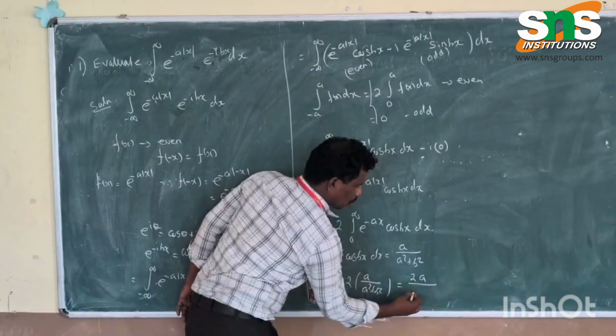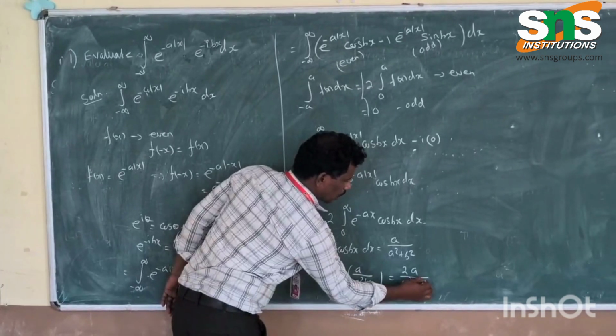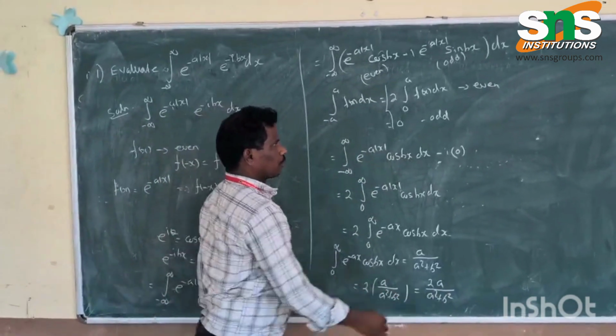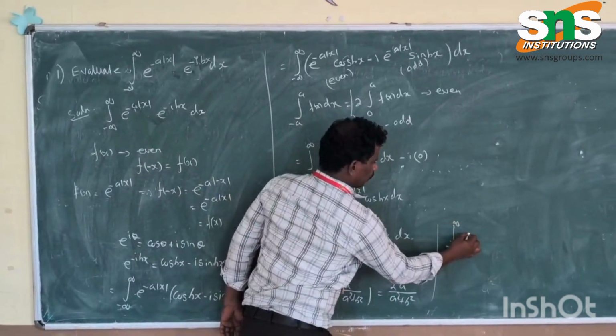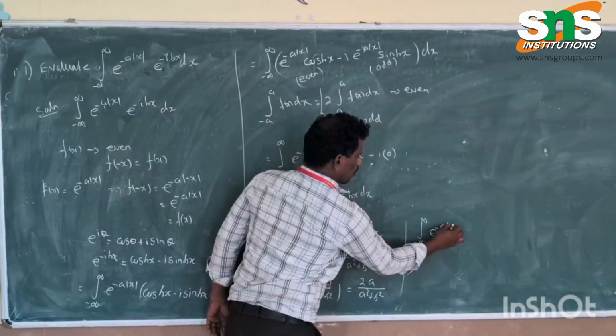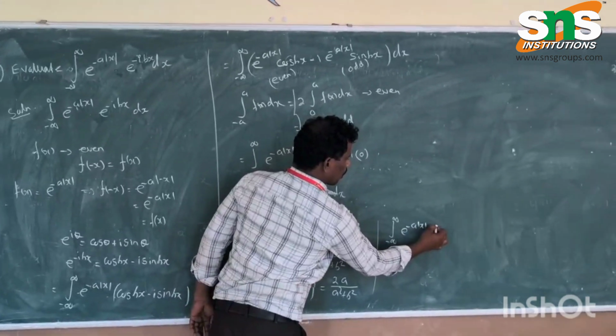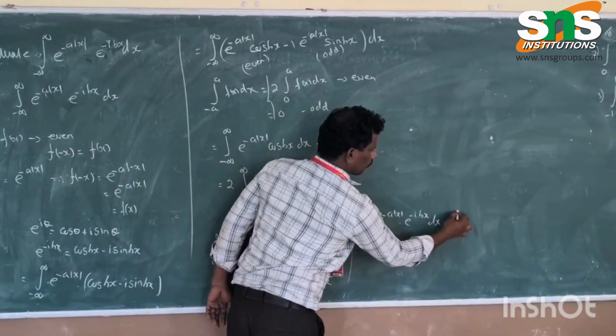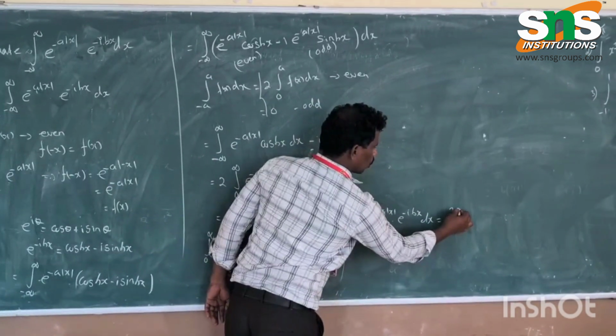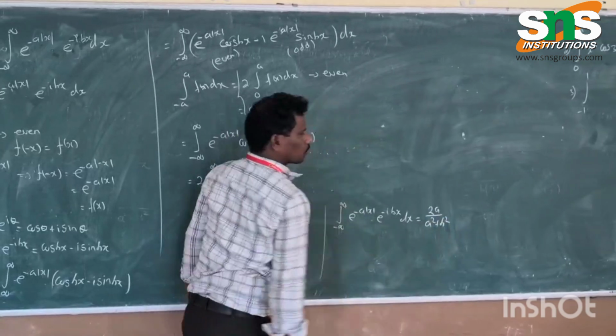Therefore, we get 2a by a square plus b square. Therefore, the value of the integral from minus infinity to plus infinity of e power minus a mod x into e power minus i b x dx is equal to 2a by a square plus b square.